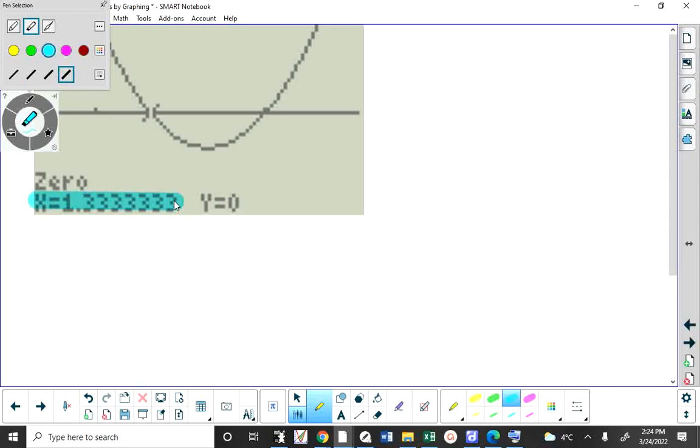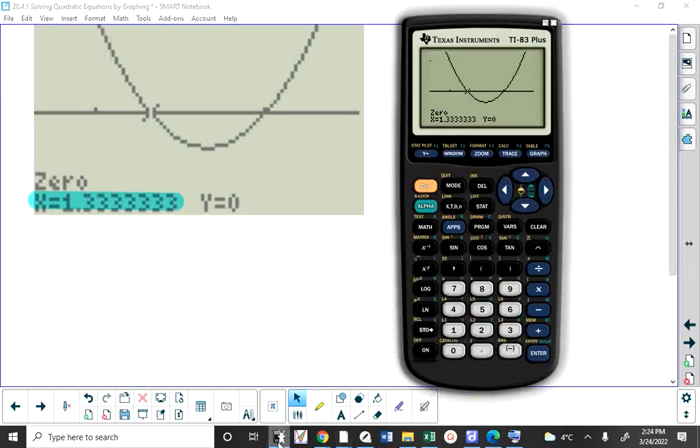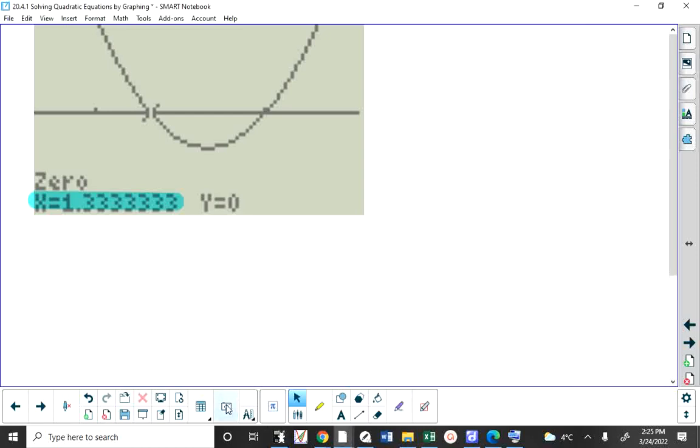Right? When I go to my home screen by going second mode or quit, I'm going to actually capture this so that you can see it if you're watching this in a video.